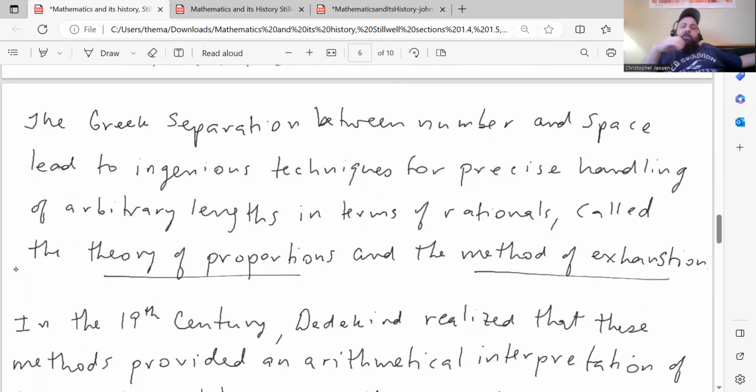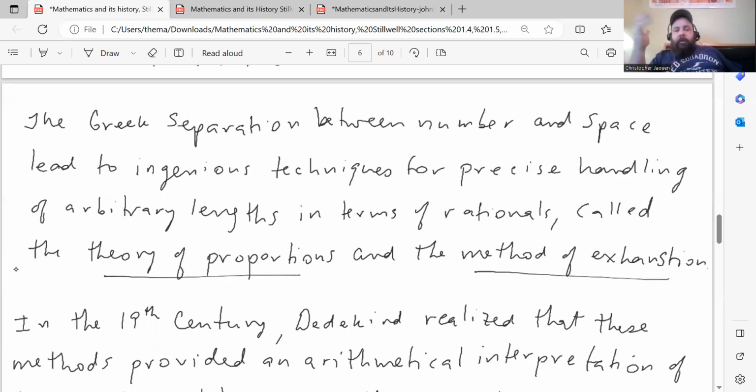The Greek separation between number and space led to ingenious techniques for precise handling of arbitrary lengths in terms of rationals, called the theory of proportions, and the method of exhaustion. I believe the theory of proportions was, correct me if I'm wrong, Eudoxus who was responsible for that theory, and the method of exhaustion was used by Archimedes. We'll look at that later.